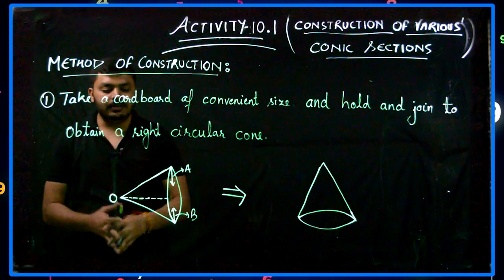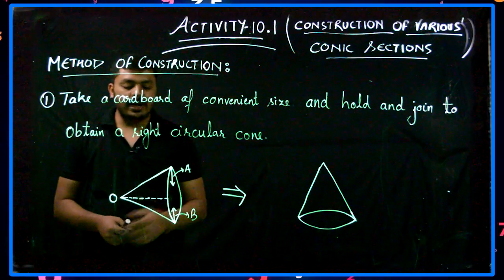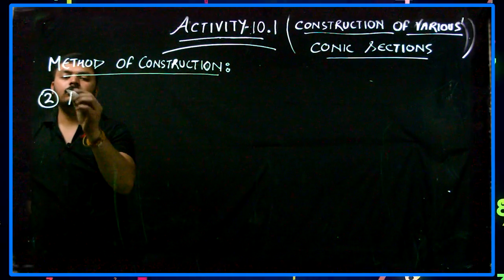So in this way, as given in the figure, we have taken a cardboard and we have joined the two sides to obtain a right circular cone as given here.